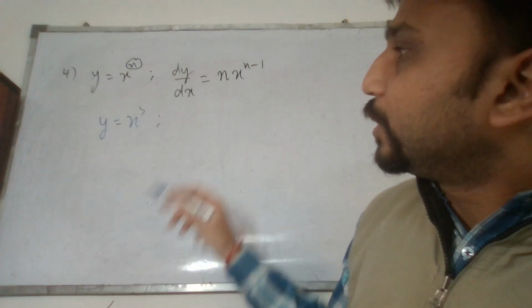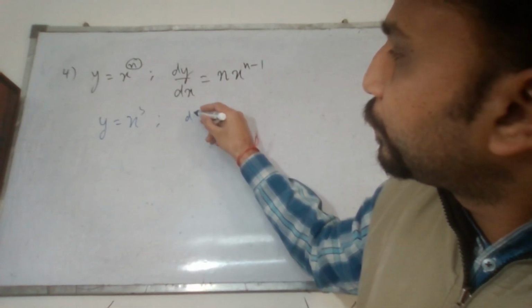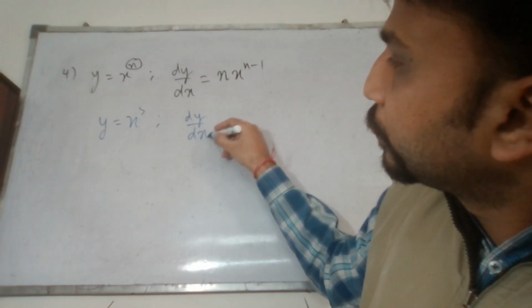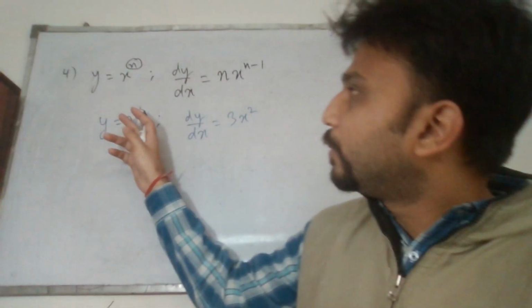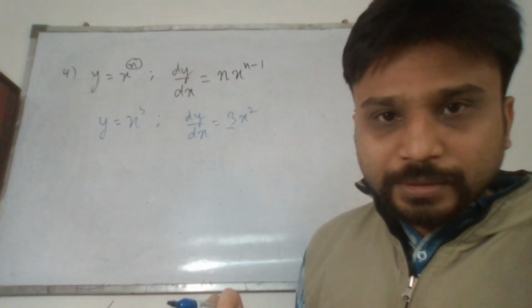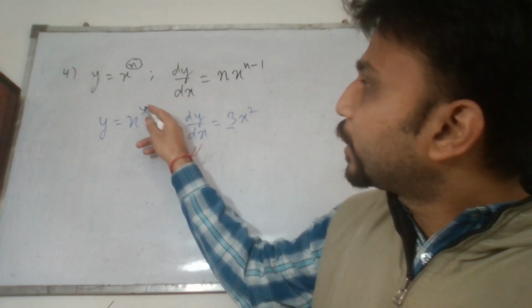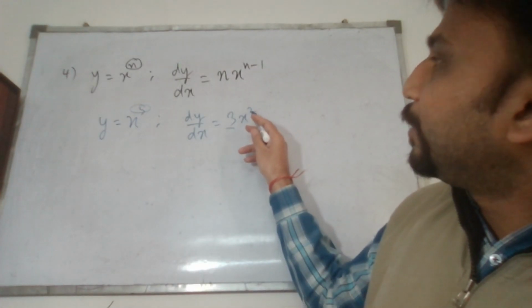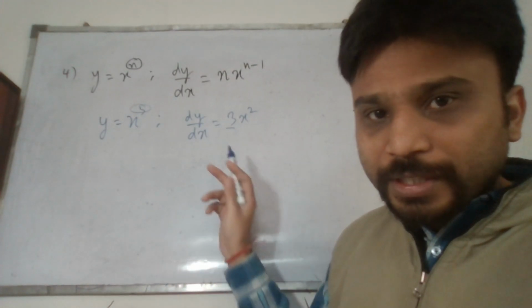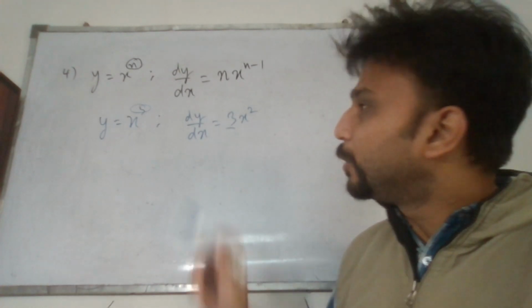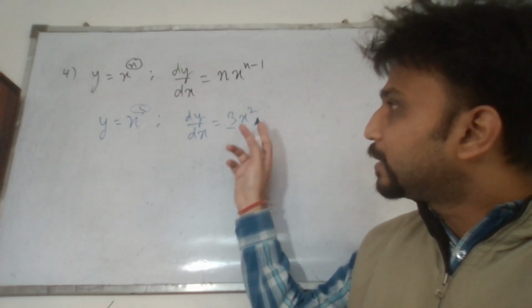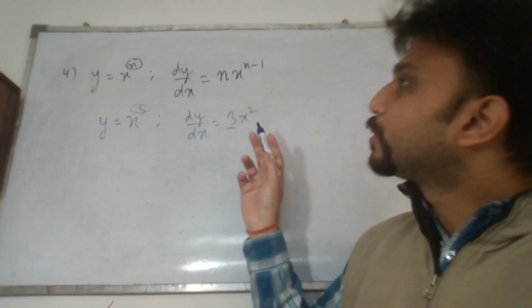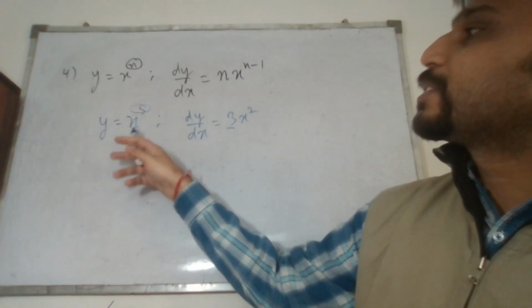Now if I differentiate, power 3 came to the side, and the power I had, 3, reduced by 1. So dy by dx became 3x square. So this is my dy by dx when y is equal to x cube.